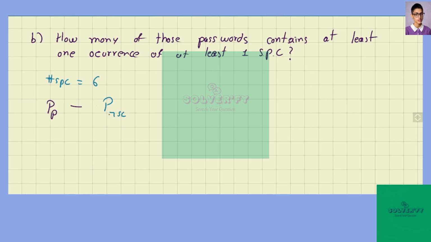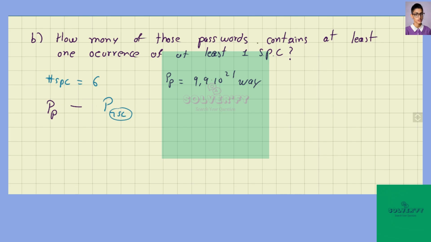We are negating this fact. So no occurrence of special characters, and that is a lot easier to calculate. First, let's remember that we have already calculated PP, which is all the possible passwords that we can have given those conditions, and this is 9.9 times 10 to the 21 possible ways. These are approximate.